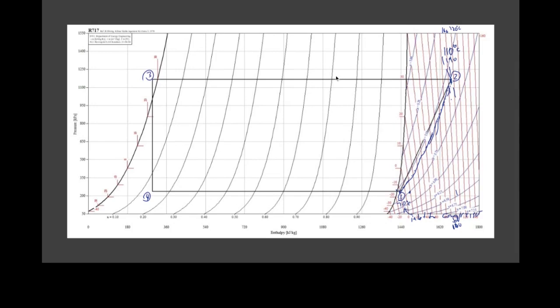So here we are at point 2, at the inlet of the condenser now. We are going to give off the heat of compression first, and we are going to turn it into saturated gas, and then we continue to give off heat in the condenser, always at a constant temperature, in this case 30 degrees Celsius, because it's at that 1190 kPa.